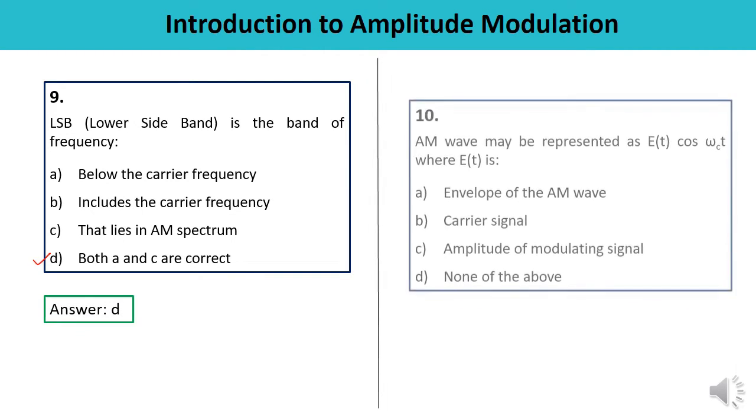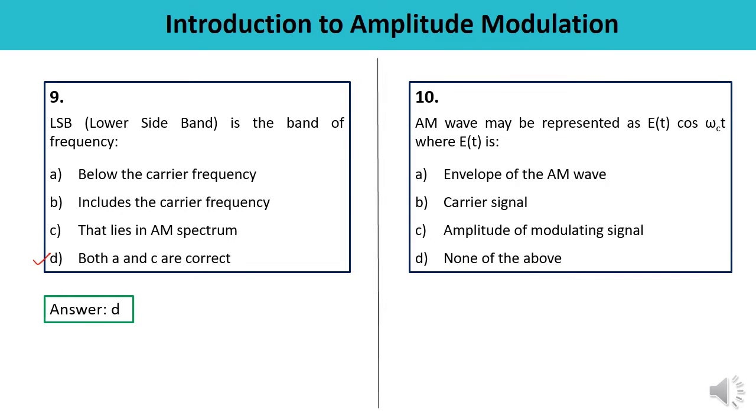Correct one. Next, an AM wave may be represented as E(t) cos omega c t, where E(t) is what? You have studied that an AM wave may be represented as s(t) equal to A plus x(t), into cos omega c t, which is E(t) into cos omega c t.